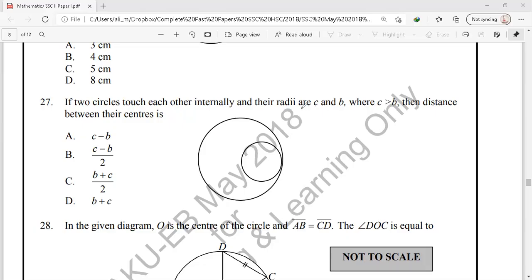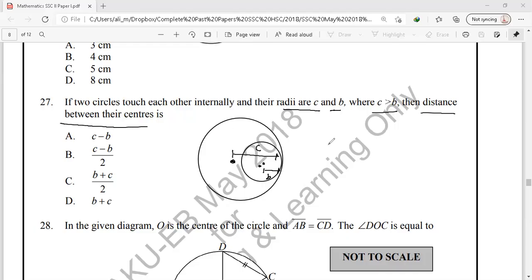The question says that the radii are B and C, where C is greater than B. So the radius of the greater circle is C and the radius of the smaller circle is B. These are the centers of the circles, and we have to find the distance between their centers.